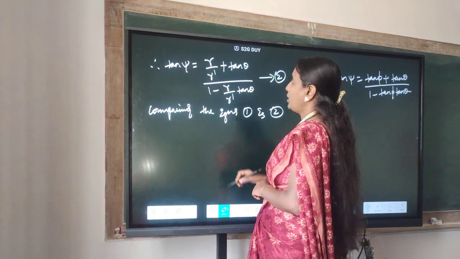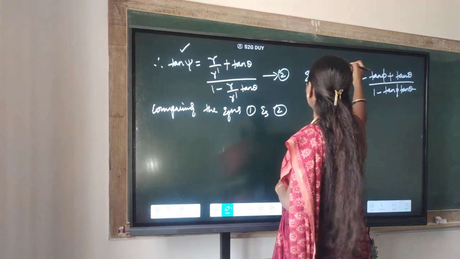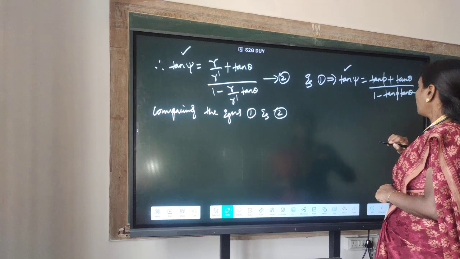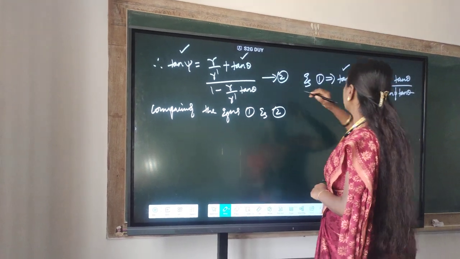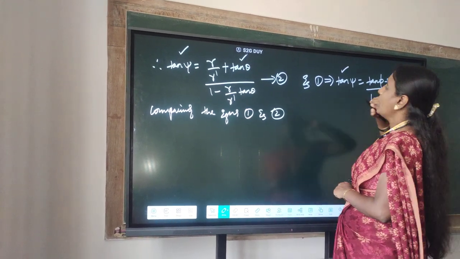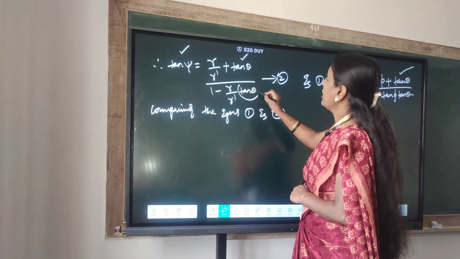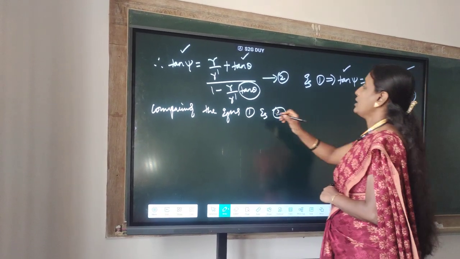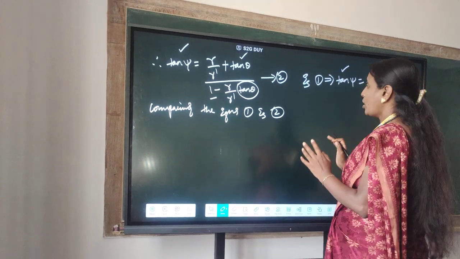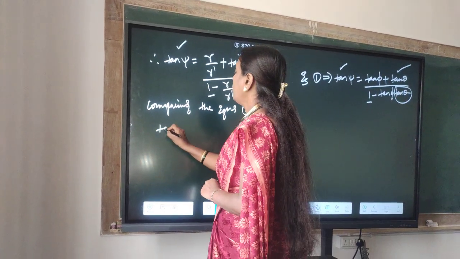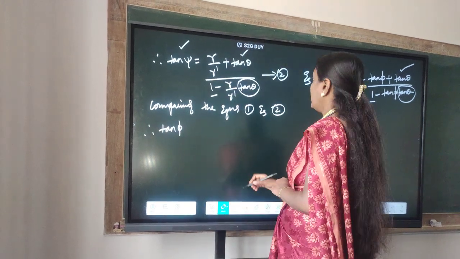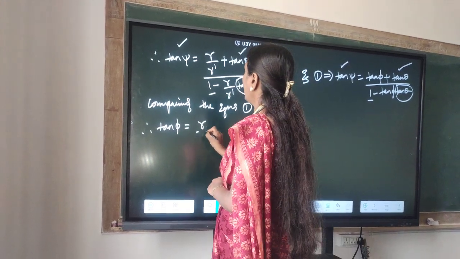You can observe that tan psi, our LHS, is the same. In the RHS, tan theta is there in both, tan theta is there in both, and 1 is there in both. If you observe the difference, you get tan phi equal to R by R dash.